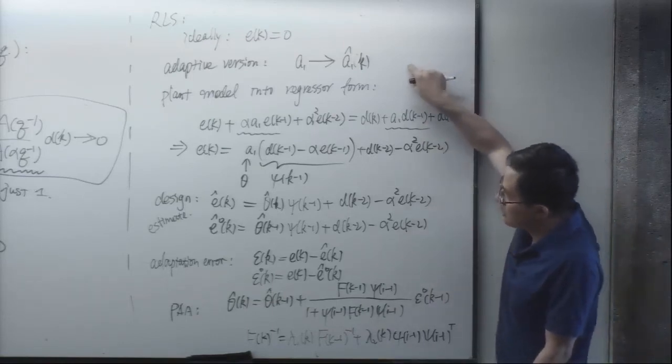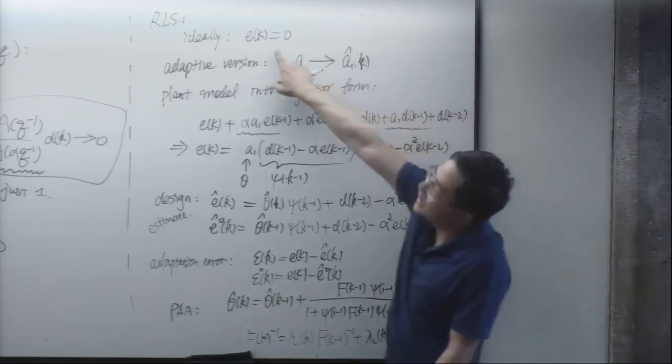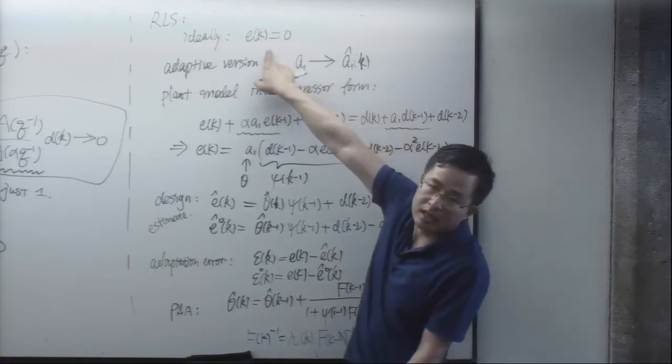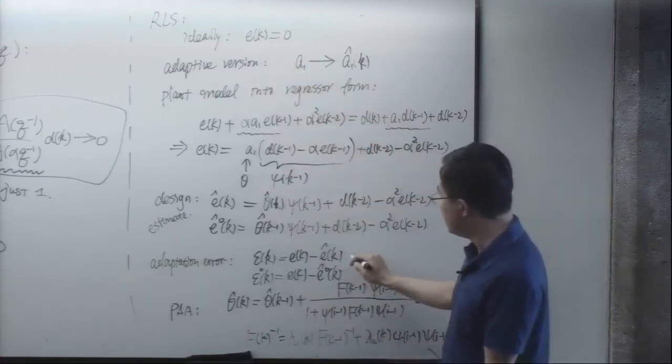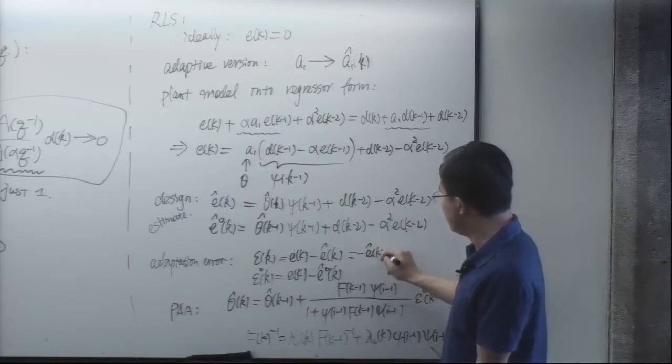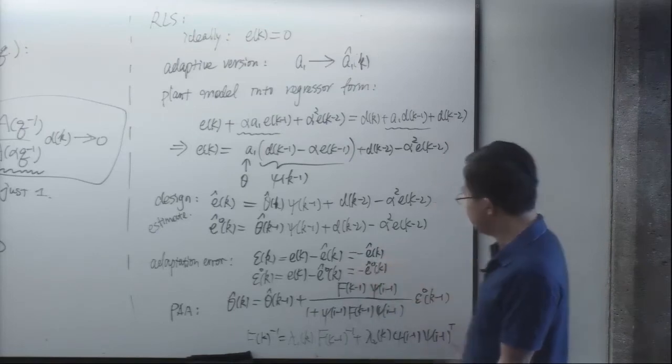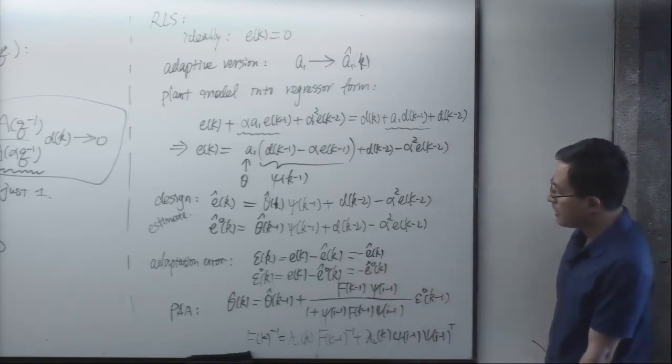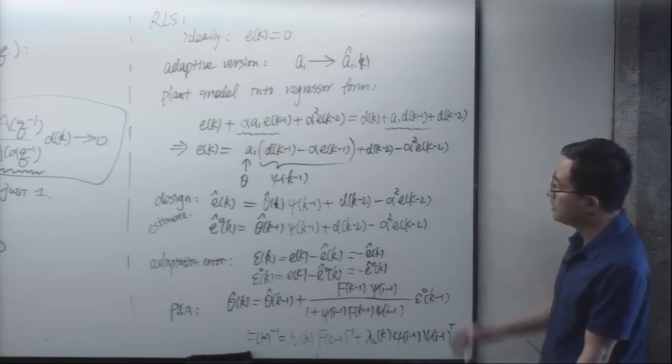The observation is as follows. First of all, the ideal output is 0, if I know the parameters. So this is actually just negative E hat k. That's the first simplification.